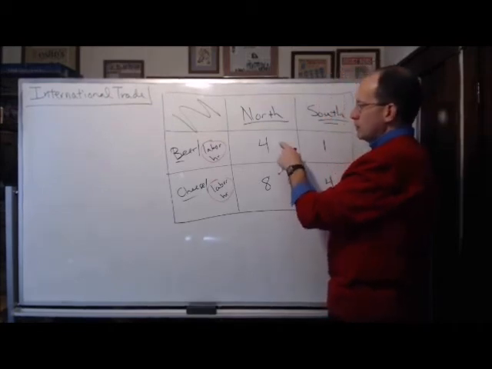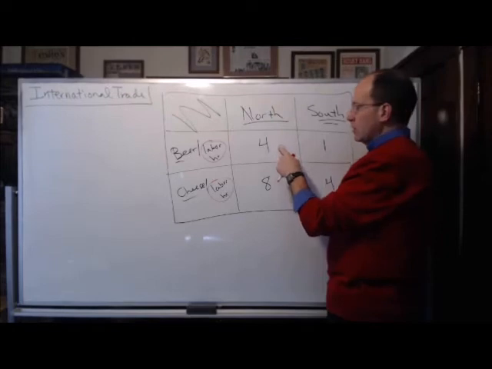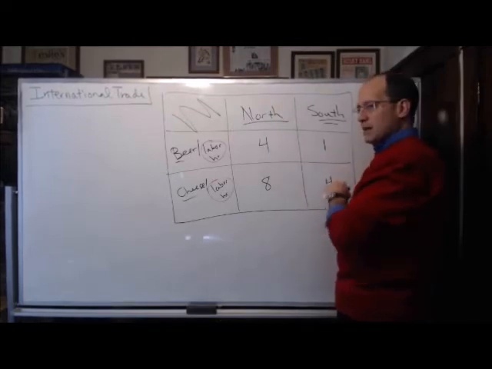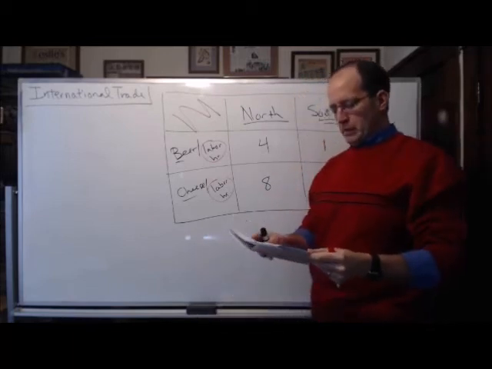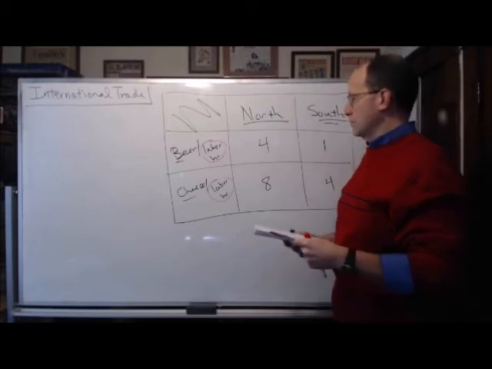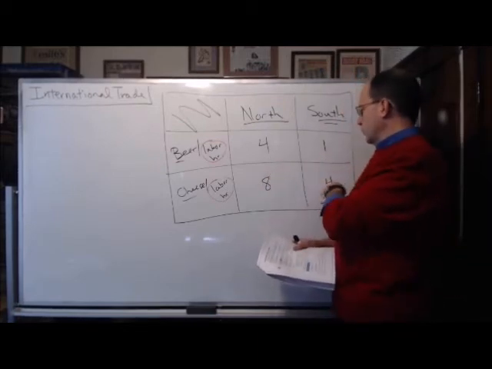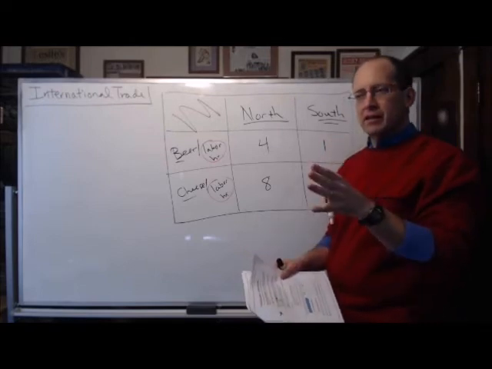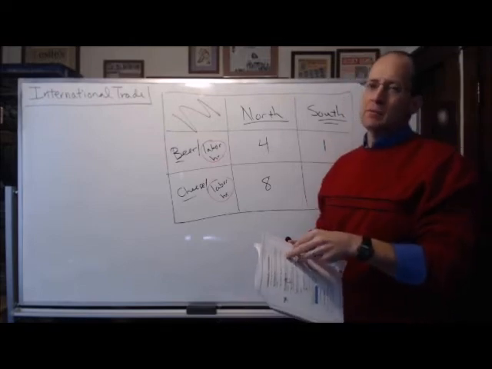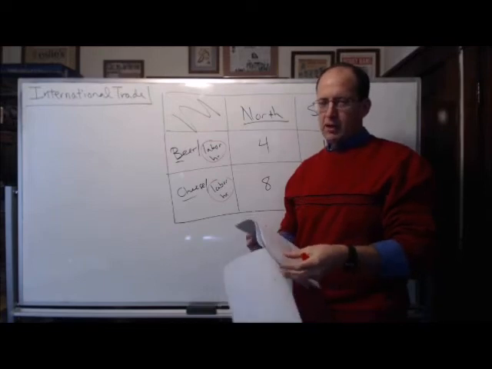If we put resources into making beer, then we give up cheese, or vice versa. Same thing for the South. They can't be two places at once with those same resources. And absolute advantage, therefore, the North having the absolute advantage in both compared to the South, doesn't mean anything. It's irrelevant when it comes to potential benefits of trade.